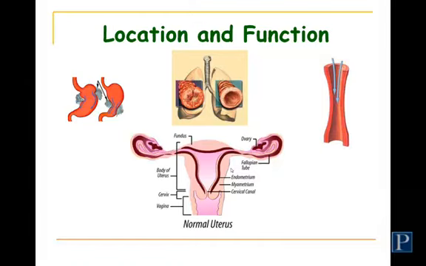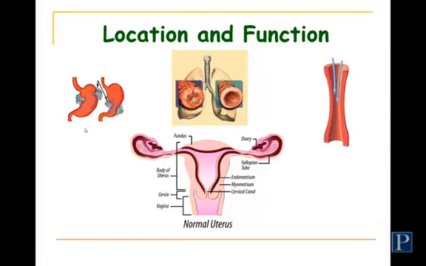For example, you have a sphincter here and a sphincter here, which will control movement of fluid into the stomach and out of the stomach. You have an internal anal sphincter, which is made up of smooth muscle, which will be involved in defecation.